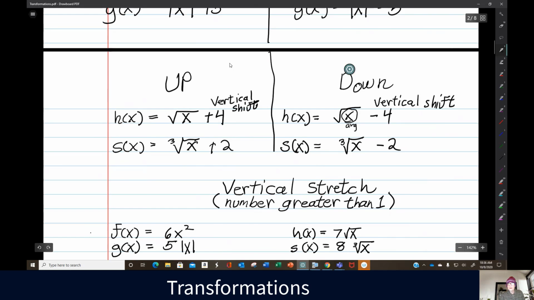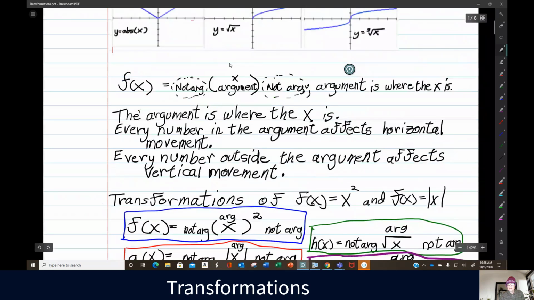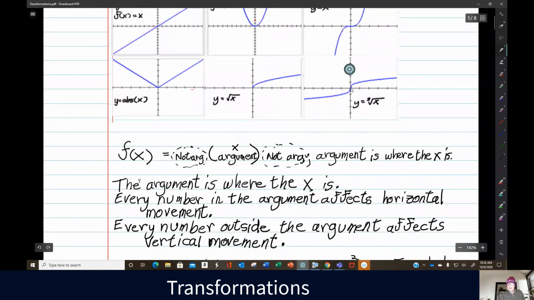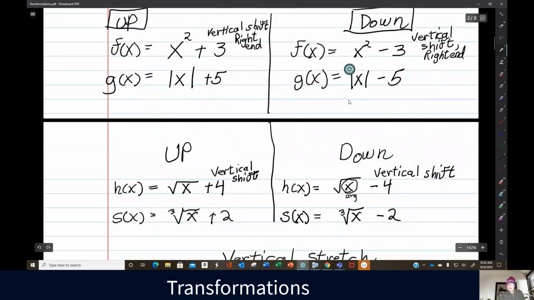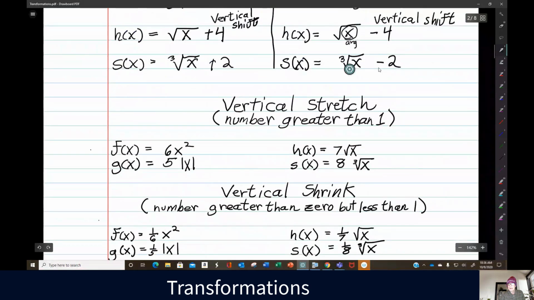And to move the cube root down 2 units, there's the cube root, I would move it down 2 units by subtracting 2, putting a minus 2, but you've got to put it over there on the right because that's where it belongs. That's where the vertical shift is.